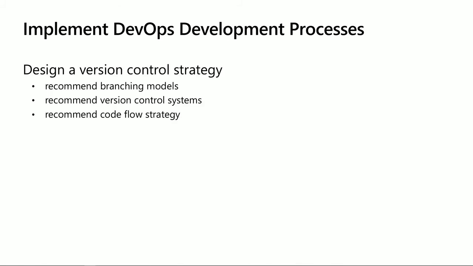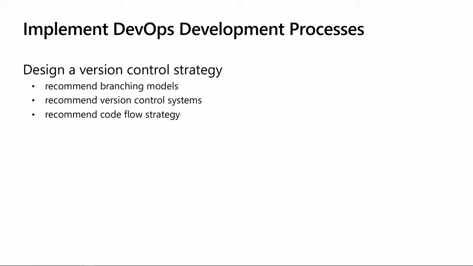Implementing the DevOps development process. We'll spend some more time on this now. This is another topic, switching context. This topic is about getting into the weeds of how you actually implement the various source code branching strategies, how you work with version control, and how you recommend a code flow strategy.